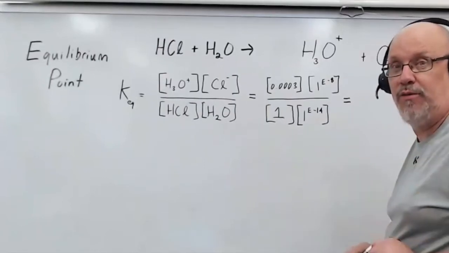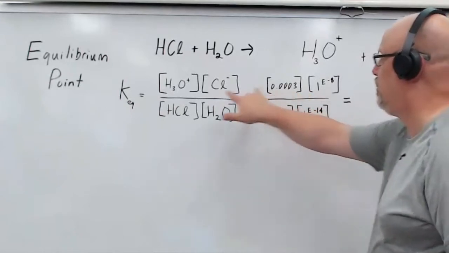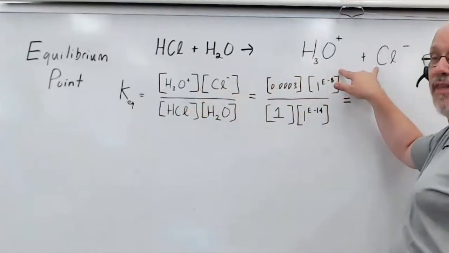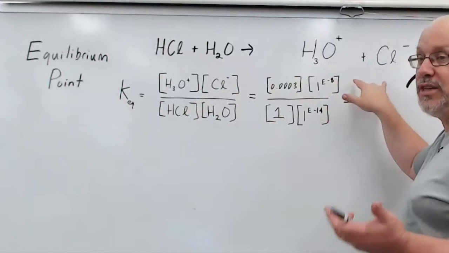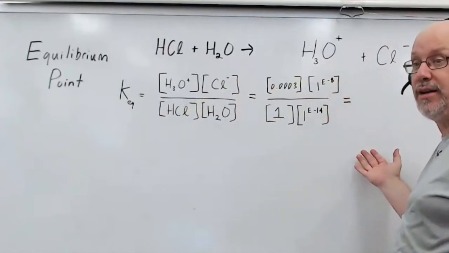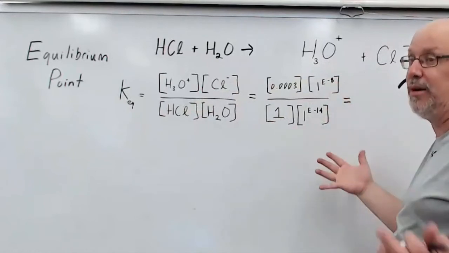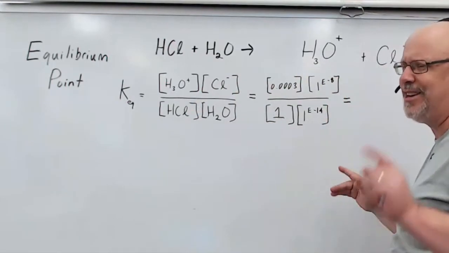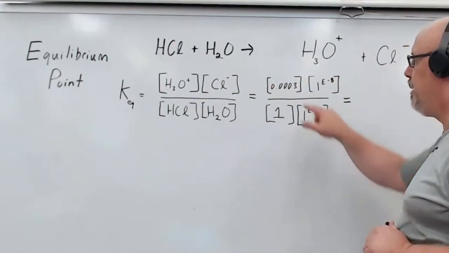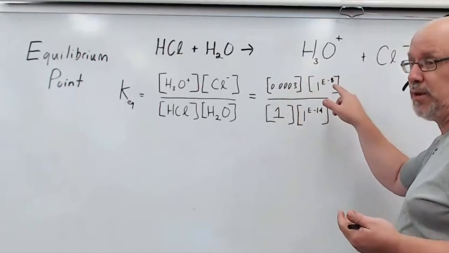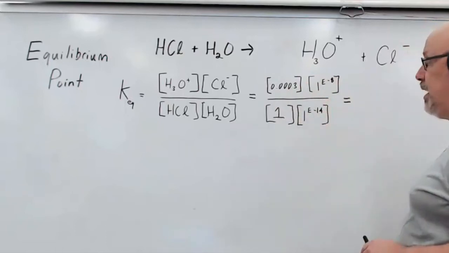Now, a potential point of confusion, of course, is that these numbers represent the products of that particular reaction. So when we say the product of the top, we mean the product of the products. And when we say the product of the bottom, we mean the product of the reactants. Don't let that confuse you. The bottom line is it's just multiplication divided by another multiplication.